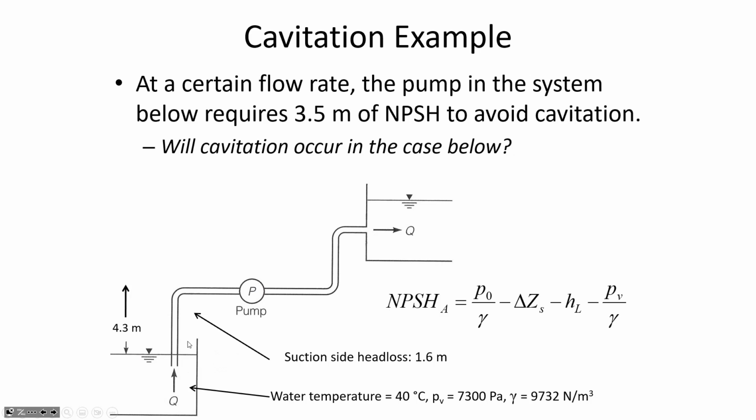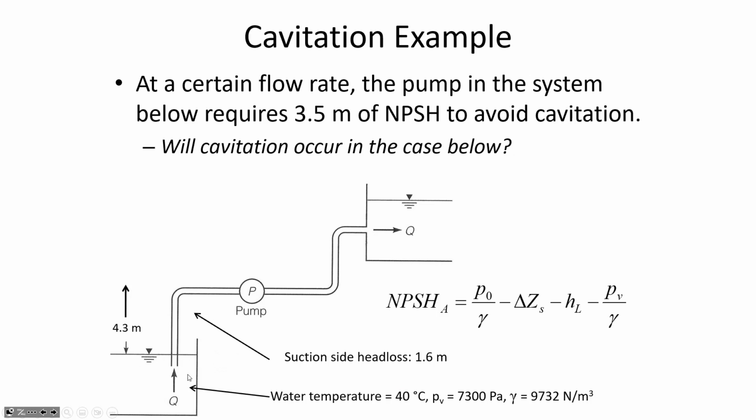We don't need to know what's the overall delta Z. We just need to know the delta Z on the suction side, so between the pump and where the water's coming from. And let's just say that from the flow rate that is known, we calculated the head loss in terms of keeping track of both the local and the friction losses, and combined it's 1.6 meters.